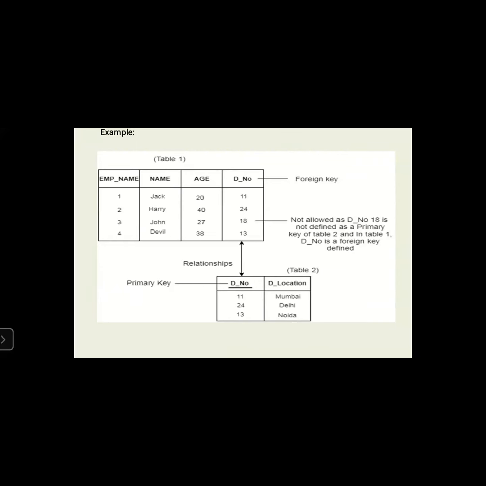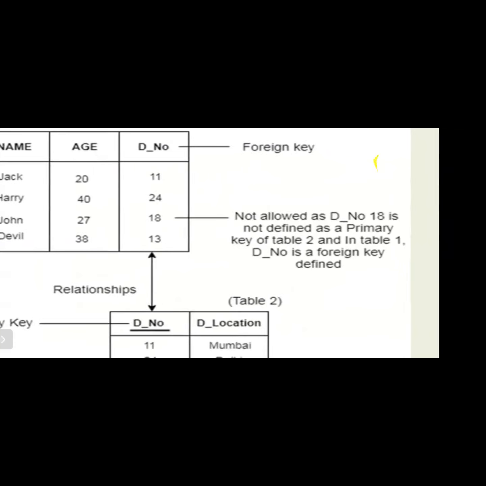The department number of table 1 is a foreign key to the primary key of table 2. If you observe, these two are the same: 11, 24, 13. If it is in the primary key, then it is accepted. But 18 is not creating a row, because it is not found in the primary table. So 18 is not allowed.